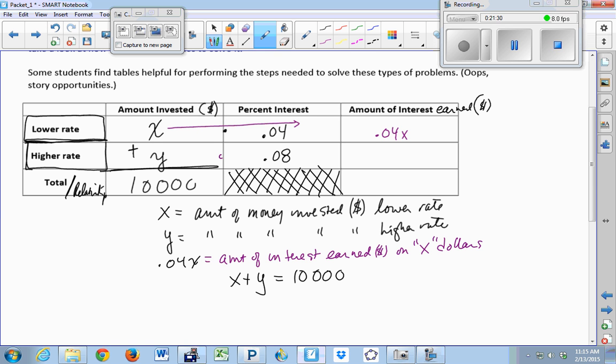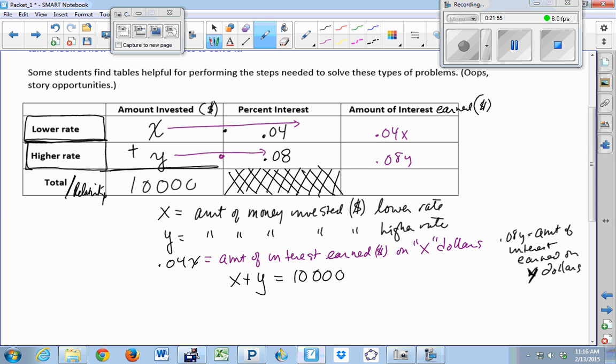And when I multiply straight across here and get 0.08y, 0.08y tells me the amount of interest earned in dollars on Y dollars. I don't have to say it twice.